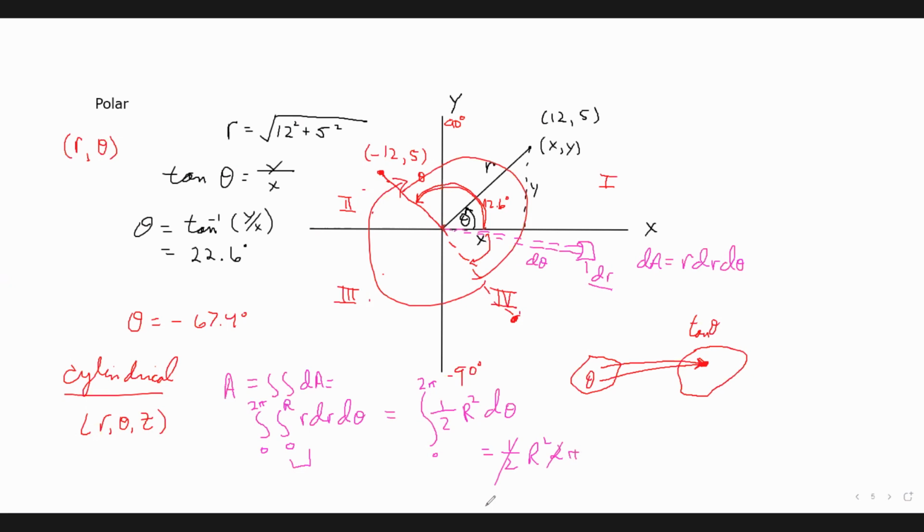Now in cylindrical coordinates, right down here in the corner, it's obvious. dV must equal r dr d theta dz, because all I've done is add the rectangular z component. And now I've just got a 3-dimensional integral in r, theta, and z for polar coordinates.